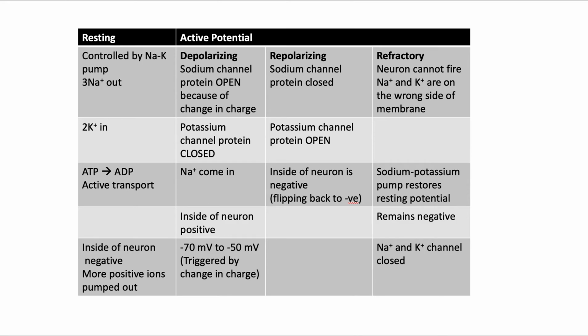And you need to pause to look at this little table, which really describes what's happening in all of the regions of the cycle: the resting potential, the active potential, which includes depolarization, repolarization, and the refractory potential.